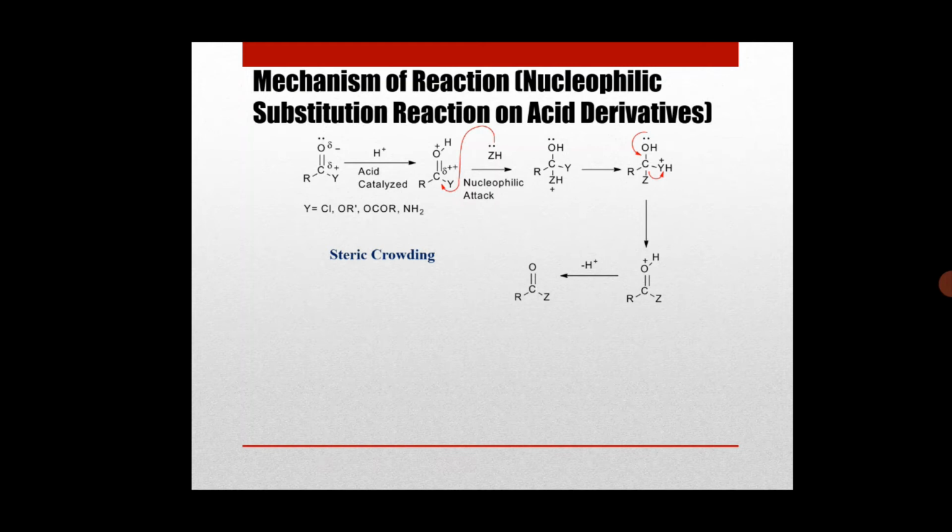The first step is the addition of acid. Acid generates H+ ion. The H+ ion first goes and attacks the oxygen atom of the acid derivative, because there is an availability of the lone pair electron on the oxygen atom.